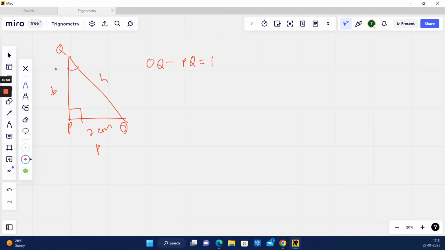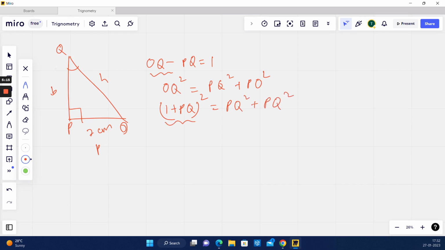So now we know hypotenuse square, OQ square equal to PQ square plus PO square, right? We can write OQ as 1 plus PQ.